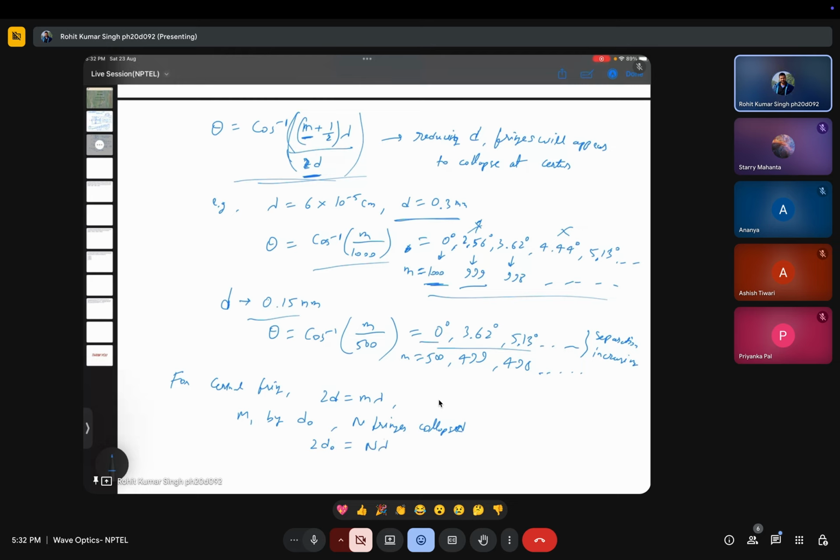Yeah, this is fine. And you can subtract the two equations to get this. And then from these two equations you get this condition, you get this formula for wavelength.